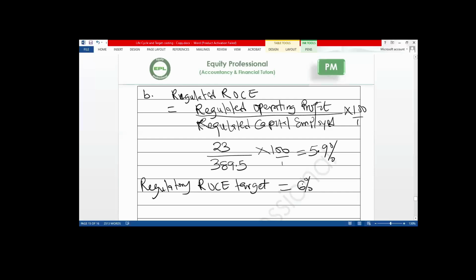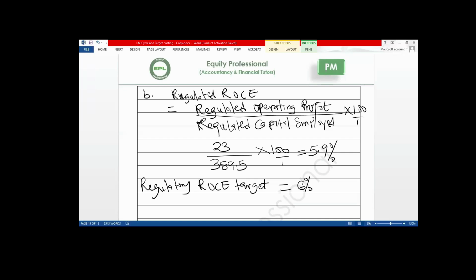Is the company meeting its regulatory return target? Yes, sir. If you approximate 5.9, it will be 6. The major concern is that you must not exceed 6%. If you exceed 6%, the regulator will fine you a penalty. But the comment is still there.